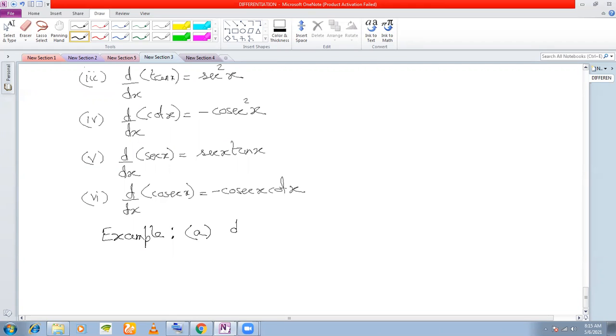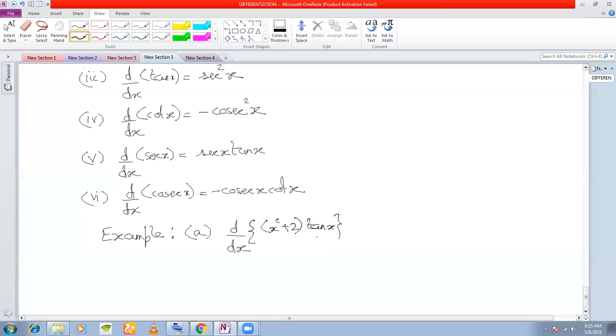First example: say I want to find d/dx of (x square plus 2) into tan x.